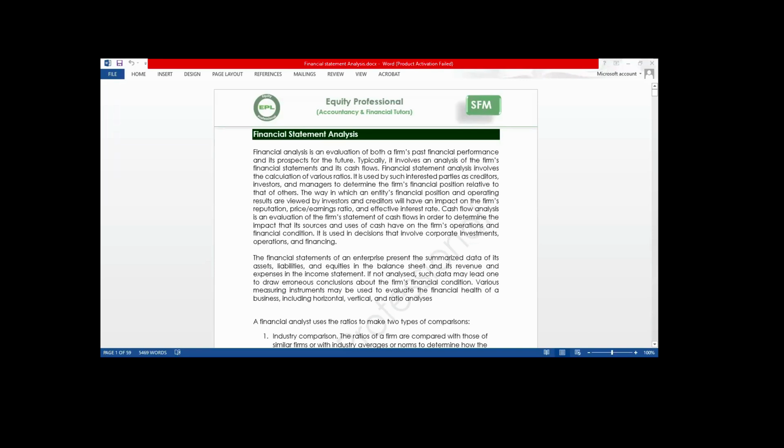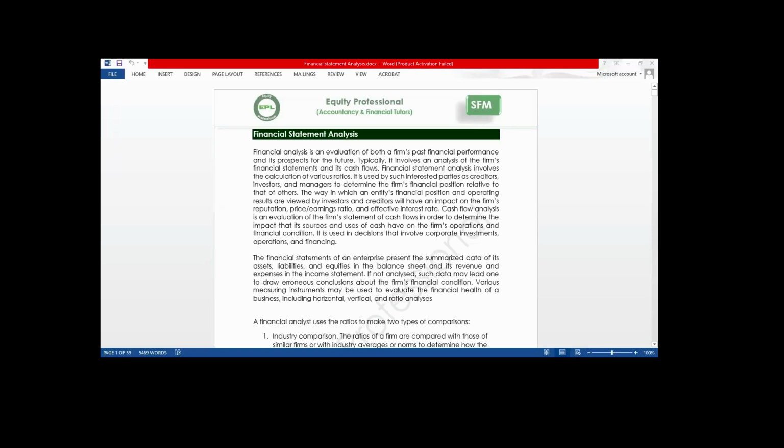This analysis involves the analysis of the company's income statements, the statement of financial position, and the analysis of the company's cash flow statement.